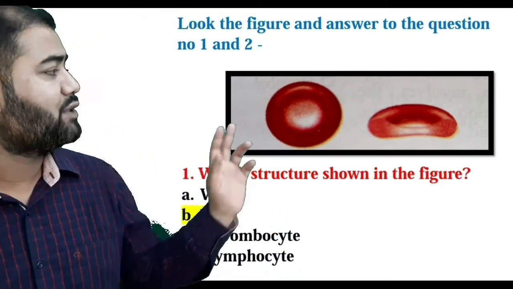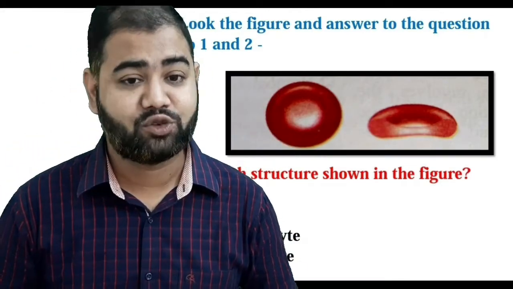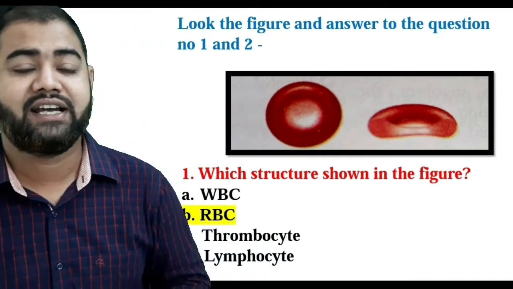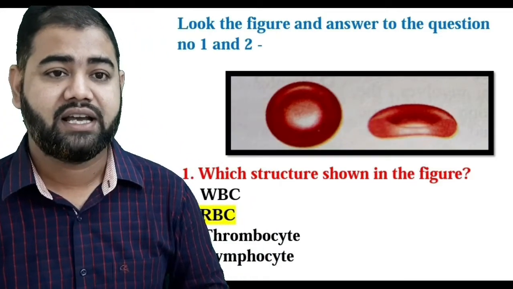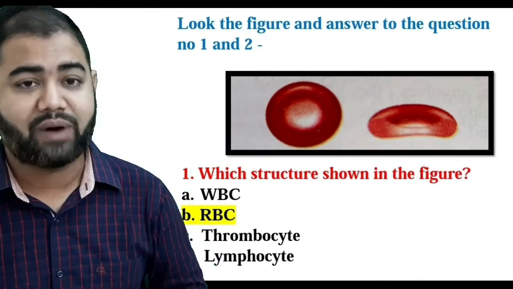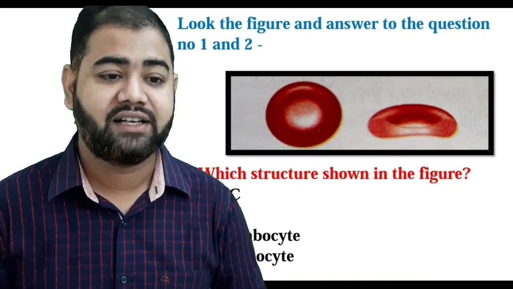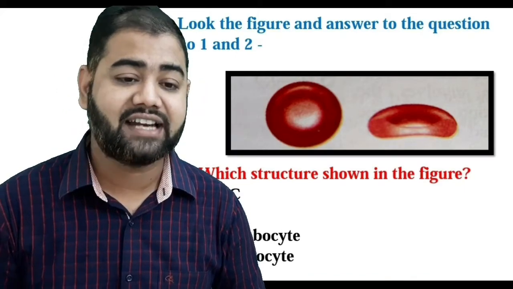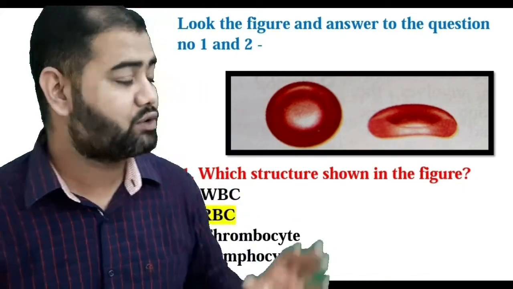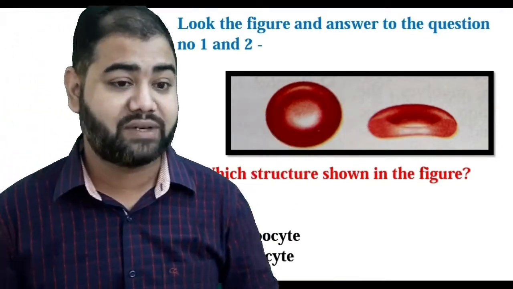WBCs are transparent, nucleated, amoeboid and irregular shaped. The correct answer, RBC, is small, biconcave, circular, red colored, non-nucleated and disc-like in structure. So you are seeing the disc-like structure, that means red blood corpuscles.